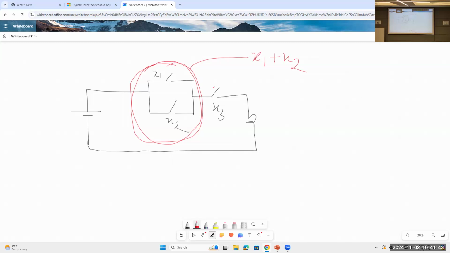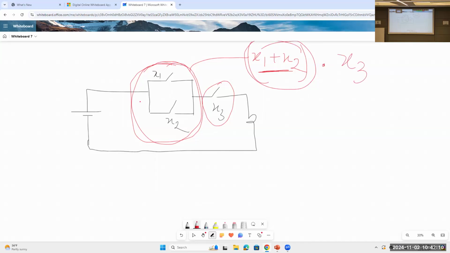How are this circle and x3 connected? In series, right? So I will treat x1 plus x2 as a single switch, and x3 is connected in series with this big circle, so I will just multiply this with x3.